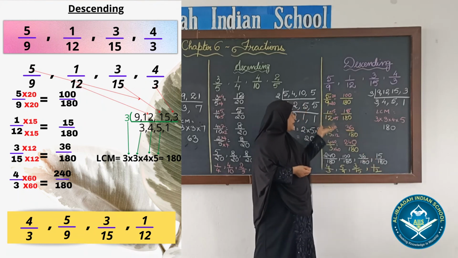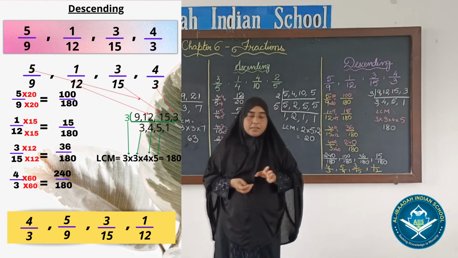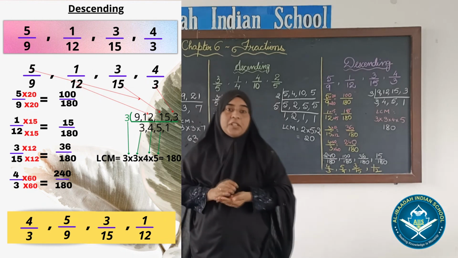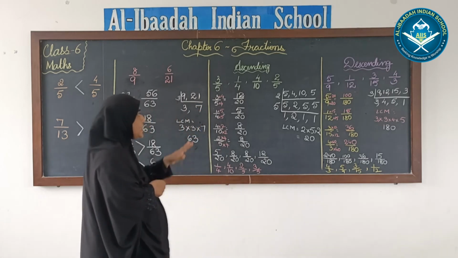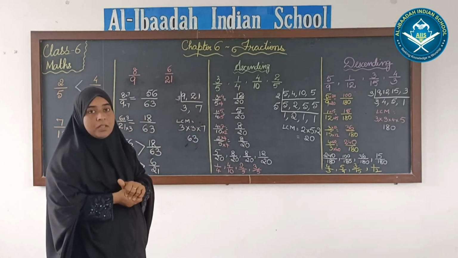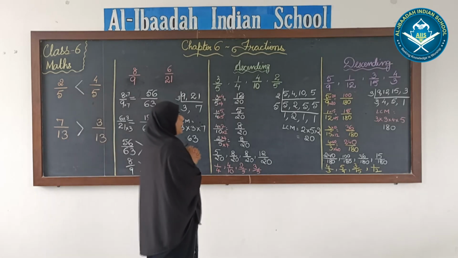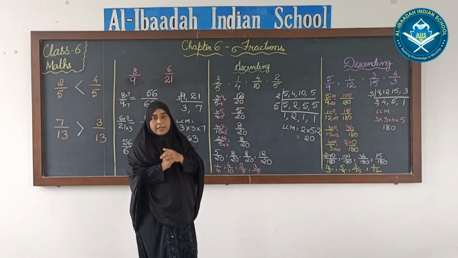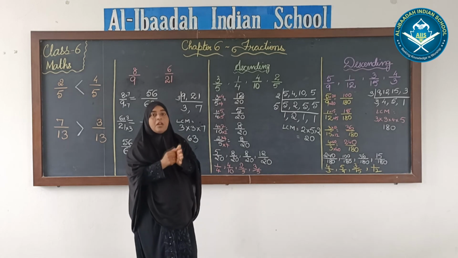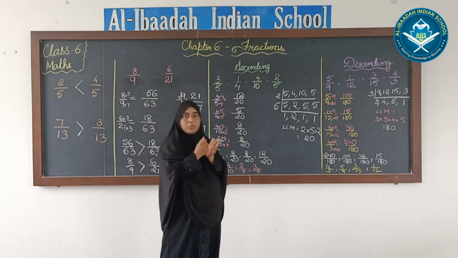Okay. Once we had changed them to like fractions, it was easy to do the comparison. I hope you have understood how to change the unlike fractions to like fractions. We have to find the LCM of the denominators. Finding the LCM is very important. When we have two or more fractions, first thing we need to look for is the common factor. We have to see if the denominators have any common factor, which will divide at least 2.